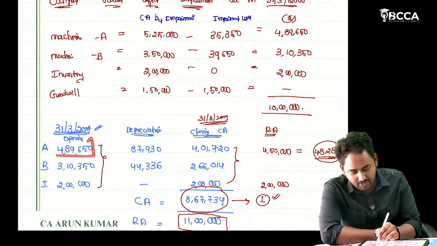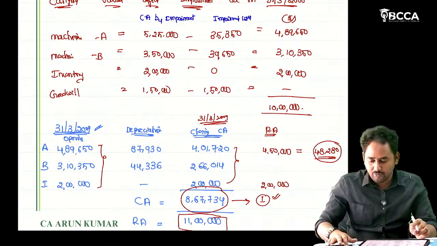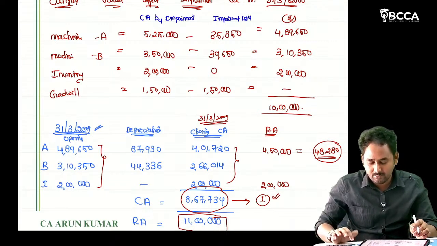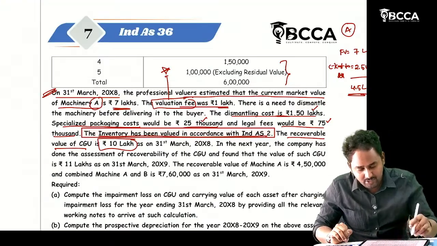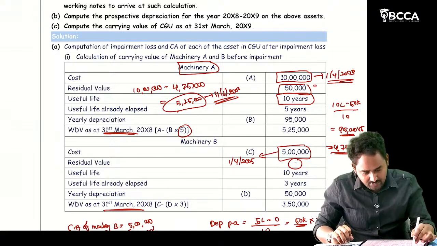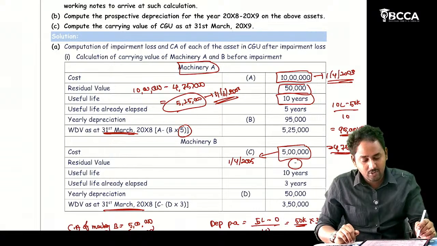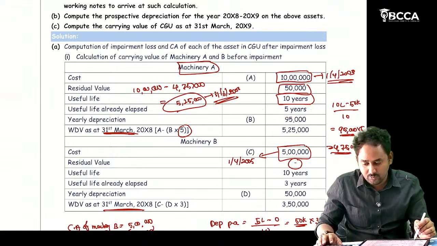So I should provide the depreciation for the machinery A, right? So 87,930. So 489,650 minus the residual value. What is the residual value for machinery A? It is 50,000. So minus 50,000 divided by, already you have provided the depreciation for 5 years, so I should provide the depreciation for the remaining 5 years.